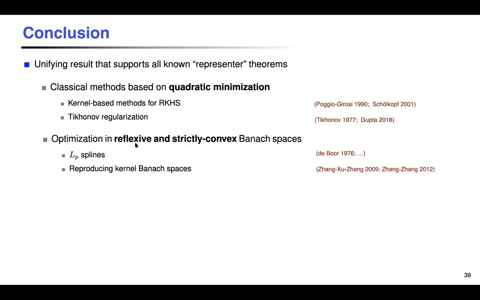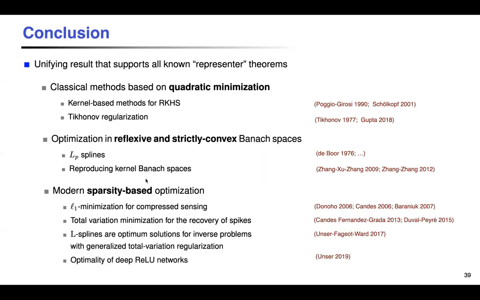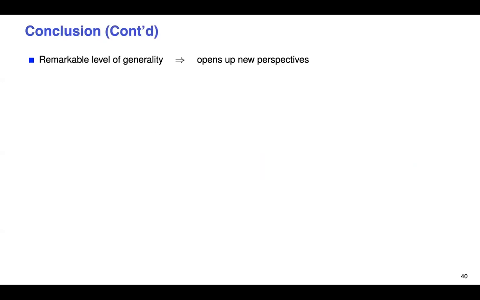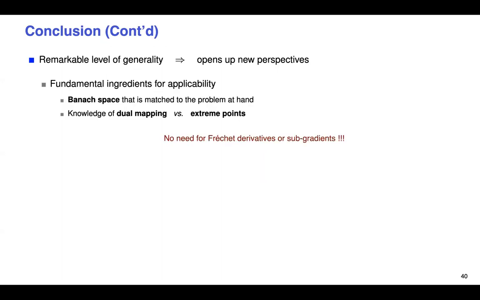It also supports optimization in reflexive, strictly convex Banach spaces, and there's also quite some literature on Lp splines, reproducing kernel Banach spaces, and also modern sparsity, which involves those sparse solutions. And it's remarkable for its generality because the theorem opens up new perspectives.